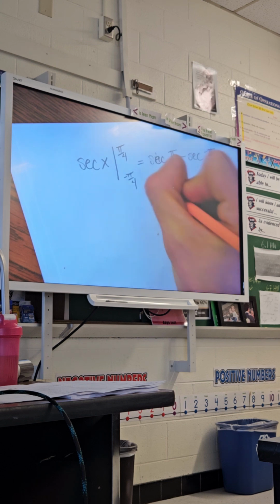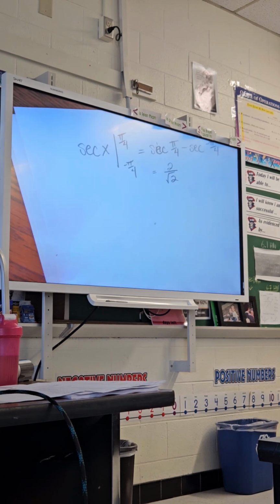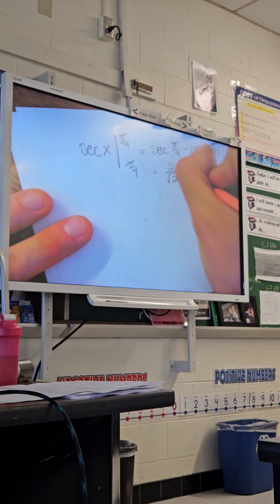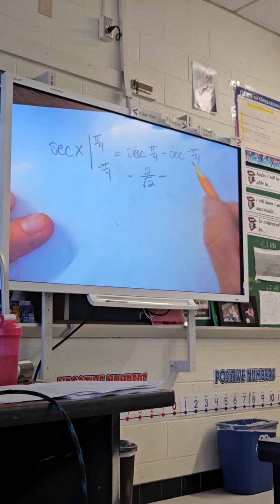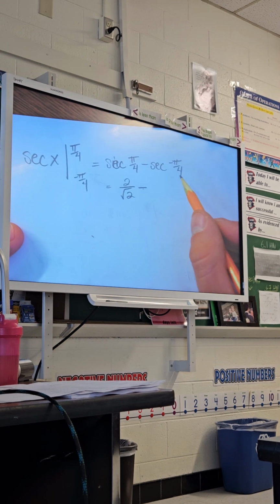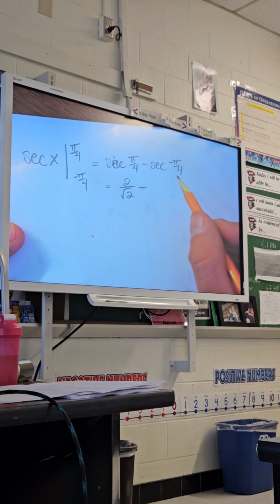We need to flip it right here. So 2 over square root of 2. You could get rid of the radical on the bottom, but you gotta at least be right here off the start. This is the same thing with rationalizing or not. Minus secant negative pi over 4.